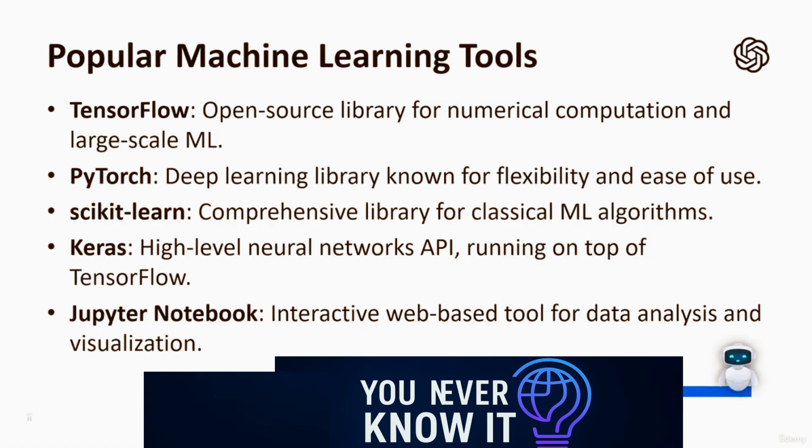Jupyter Notebook, an interactive web-based tool for data analytics and visualization. Nowadays you may observe the legacy of rows and columns of Excel data, which is not suited to huge data sets. Large data sets we can analyze and visualize by seeing charts, super easily, with the help of Jupyter Notebook.